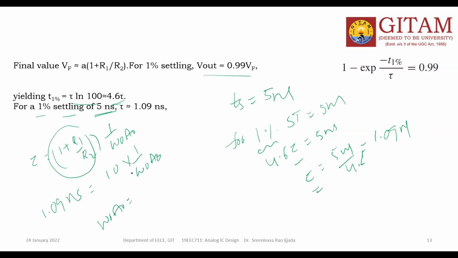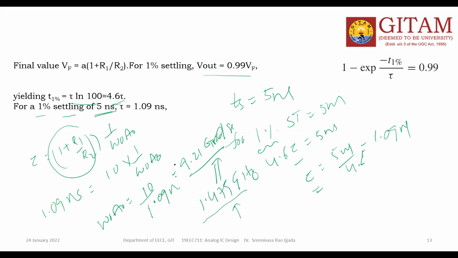So omega naught A naught is 10 divided by 1.09 nanoseconds, which is 9.21 gigaradians per second. When we convert this, its value is 1.479 gigahertz. This is the omega naught A naught.